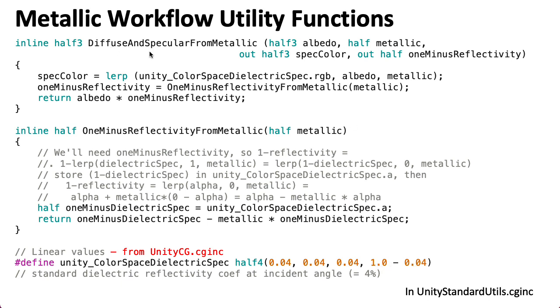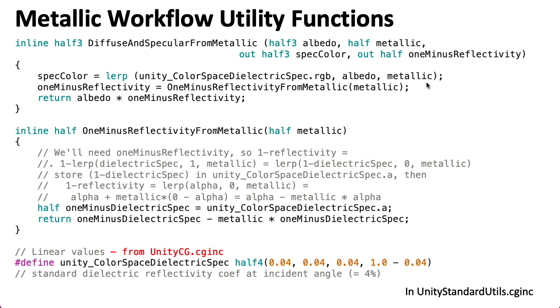So if you look at DiffuseAndSpecularFromMetallic, we see that the spec color is the result of a lerp between this 0.04 and the actual albedo, which here isn't really albedo, right? It's storing F0 information according to the metallic parameter. So if metallic is 0, if it's purely dielectric, you get 0.04. If it's 1, it's purely metallic, you get what is in this albedo component that isn't really the albedo.